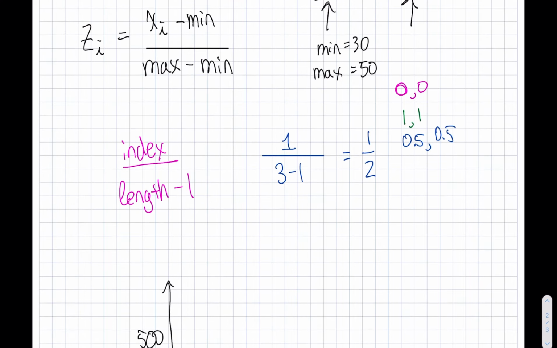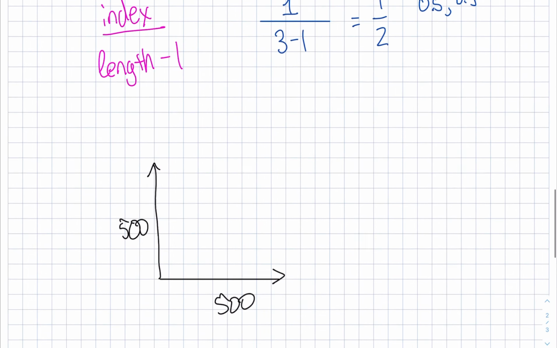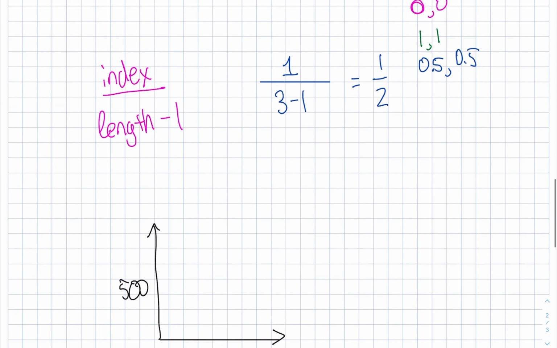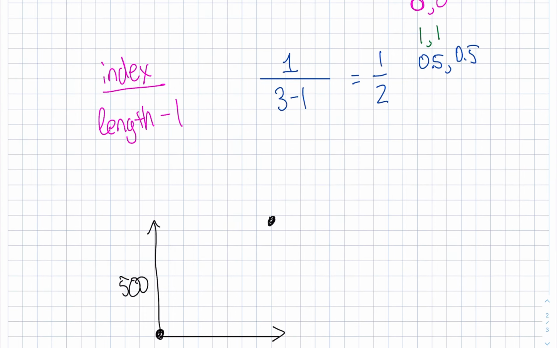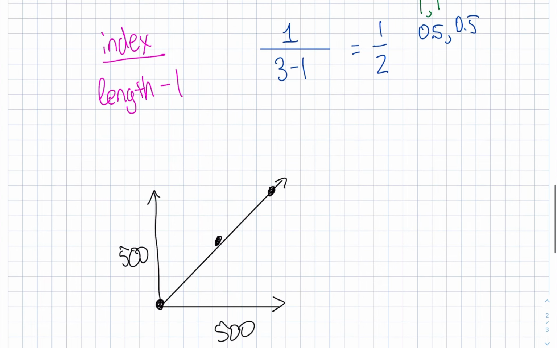All we do is take these numbers and multiply them by 500. 0 times 500 is 0, so it's in the same place. 1 times 500 is 500. 0.5 times 500 is 250. So we get the exact same graph as long as we multiply by the height and width of the graph.